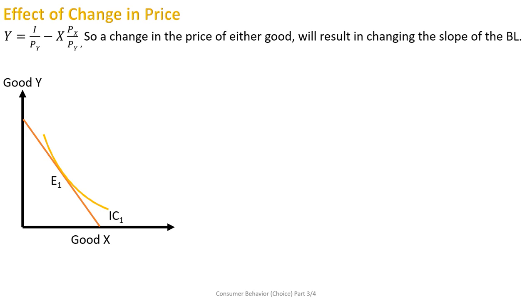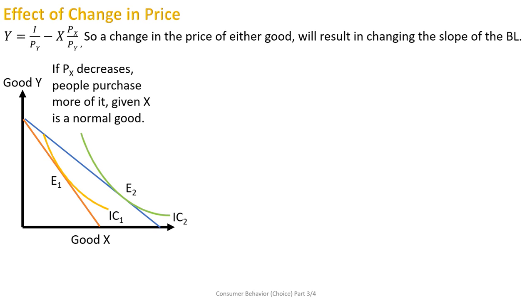Now let's assume that price of commodity X decreased. This resulted in rotation of the budget line. It extended towards x-axis, showing that now consumer is able to purchase more maximum quantity of commodity X.